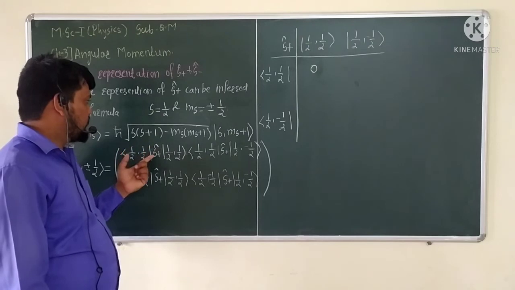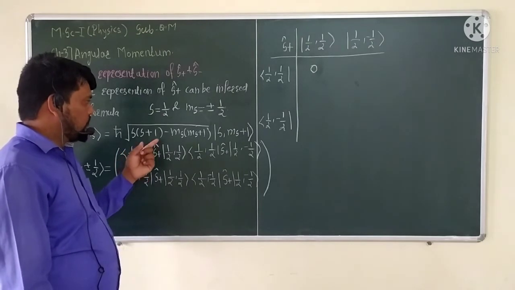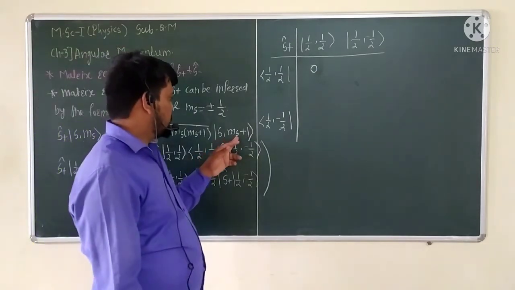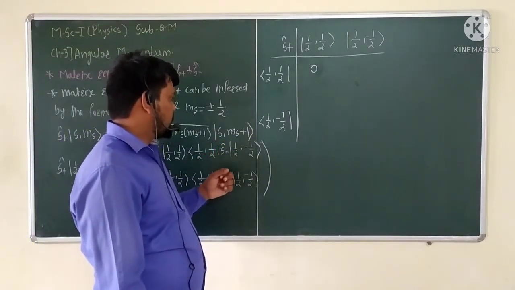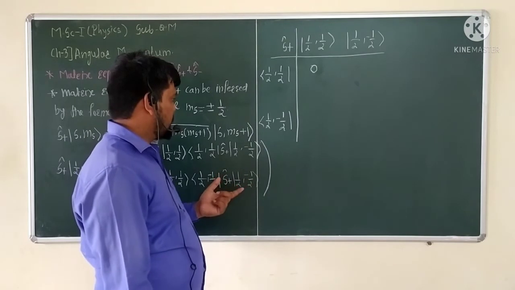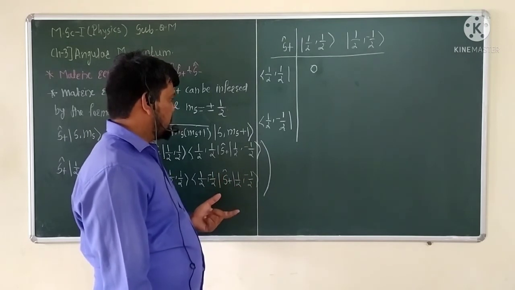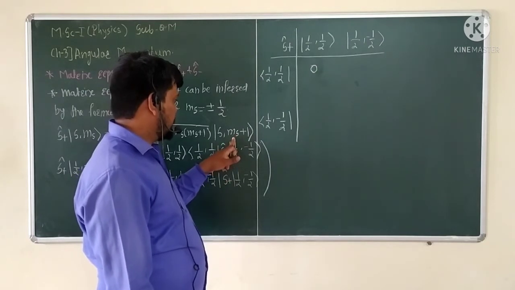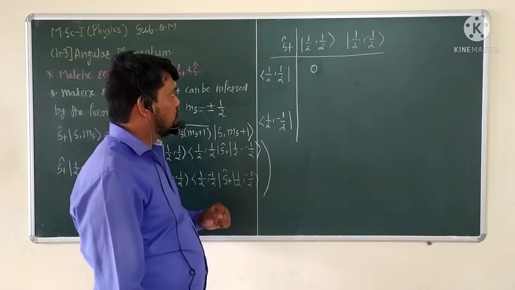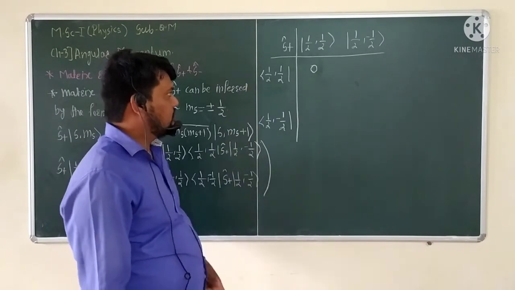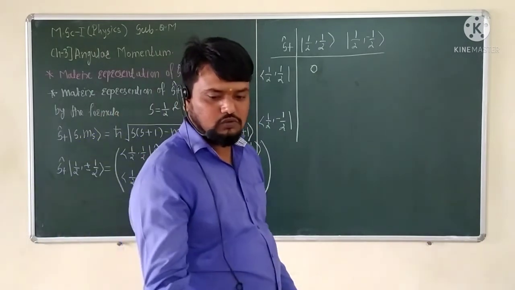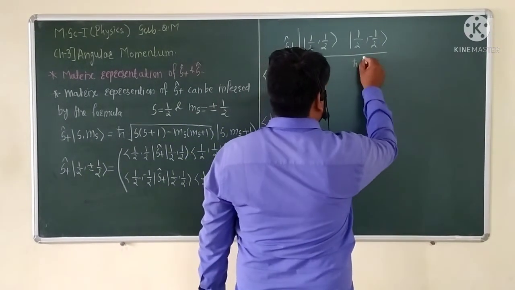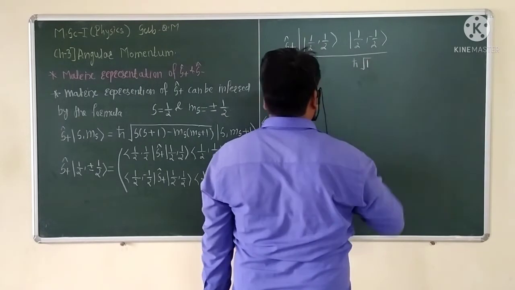So 3 by 4 plus 1 by 4 is 4 by 4, the square root of 1. So the value we get is ħ into root 1.